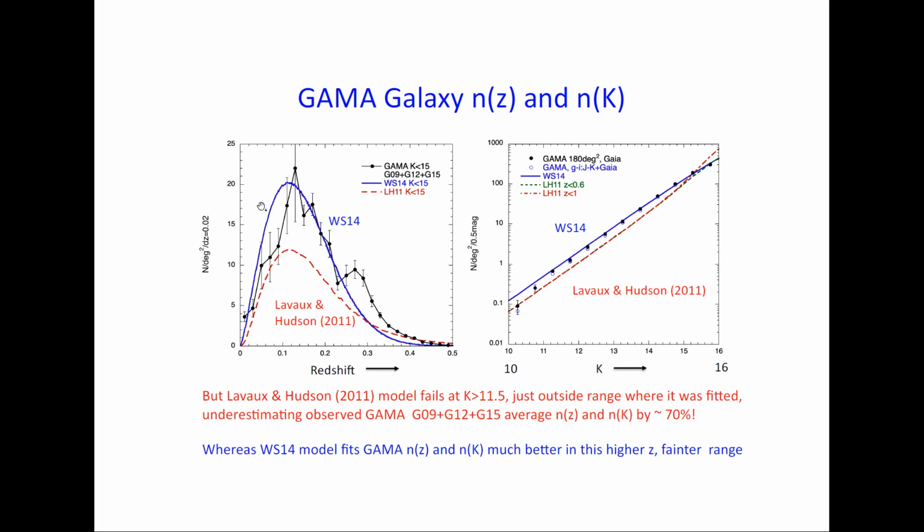And the blue line is our model based on our luminosity function, fitting nicely out in this fainter, higher redshift region between 0.1 and 0.2, whereas the Laveau and Hudson one again is low, and the same story is told with number counts here. Laveau and Hudson doing well down here where they've normalized locally, but up here doing much worse, underestimating the actual count.